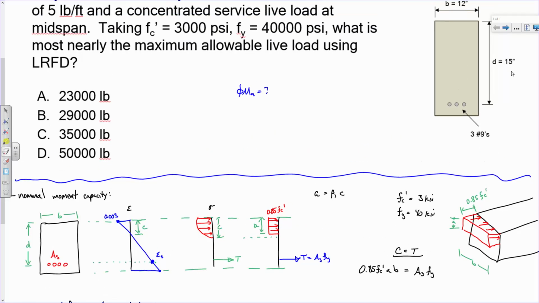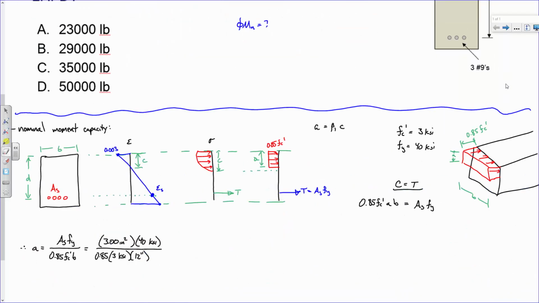Yeah, it's 12 inches. And so that equals what?